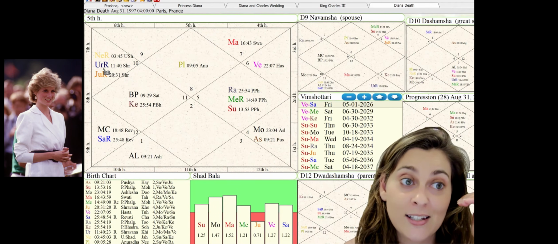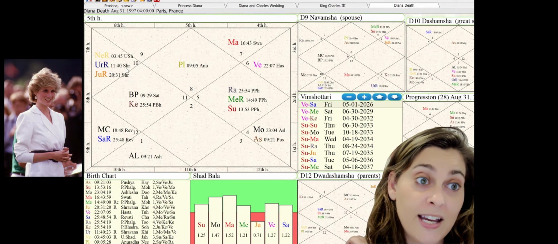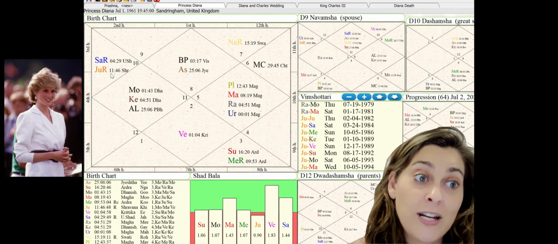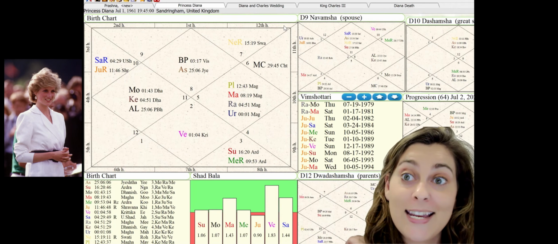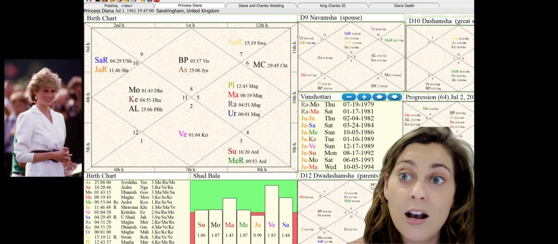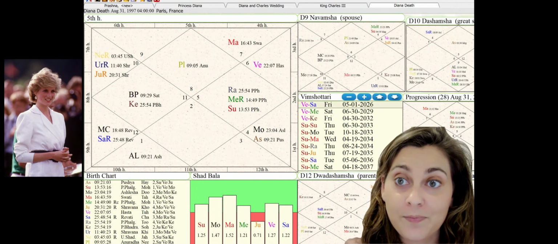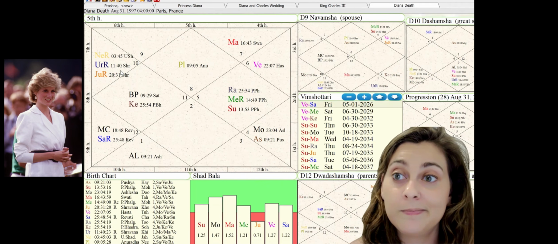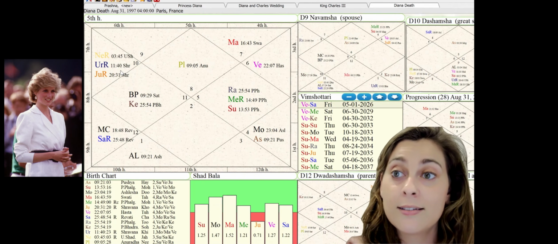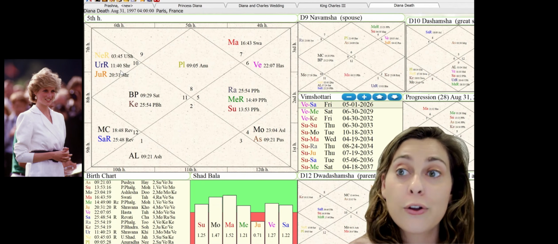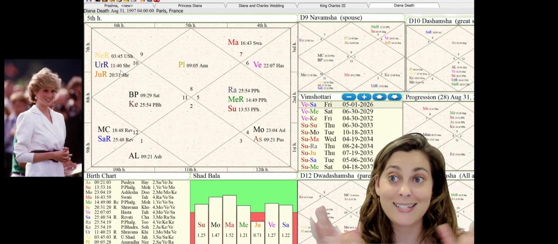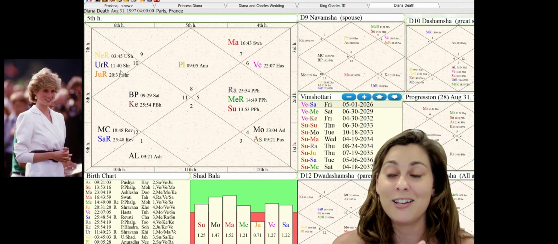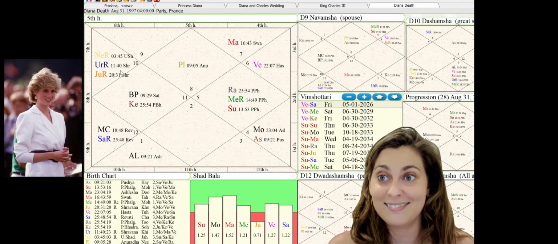And Uranus was transiting in Shravana at 11 degrees. Her natal Jupiter here is 11 degrees. Uranus is the planet of shock, of sudden accidents. It is right on her Jupiter, her death planet. Sudden shock, sudden accident. In her 3rd house of travel, short distance travel, she was driving, she was in a car ride.